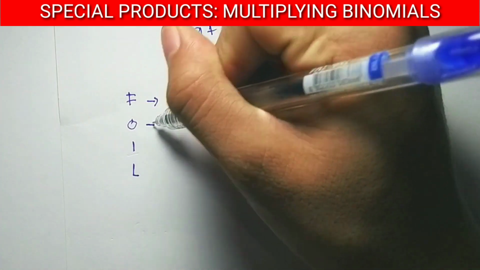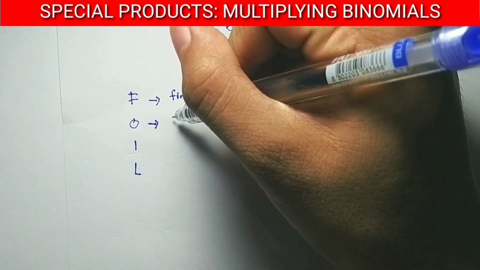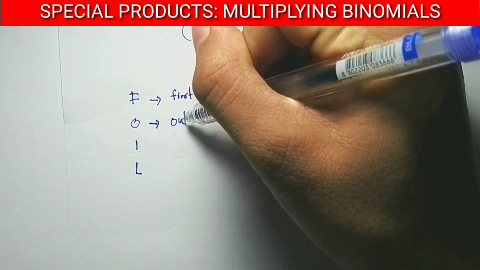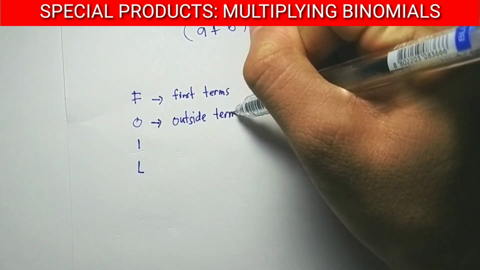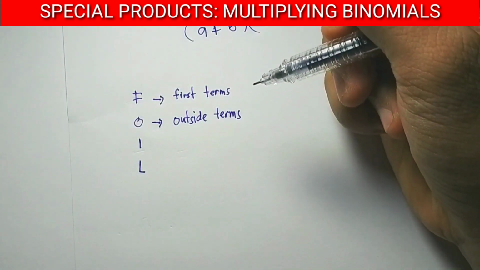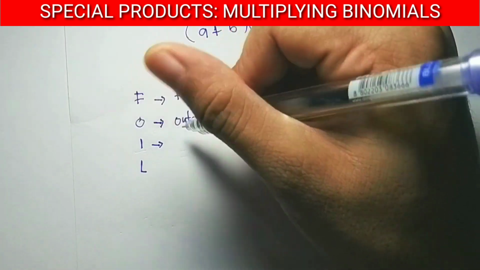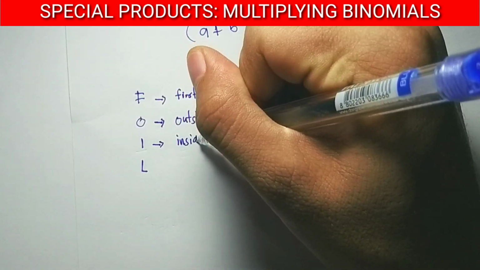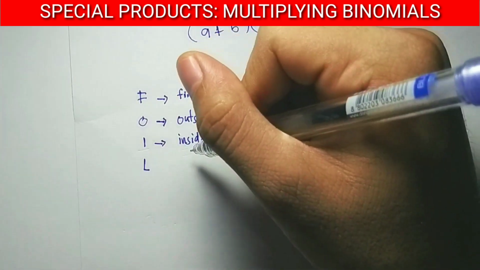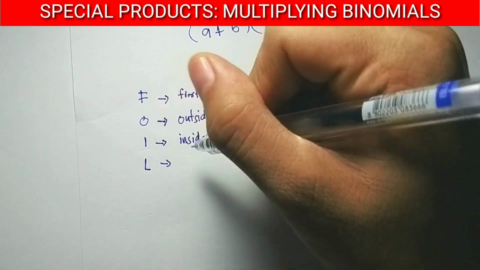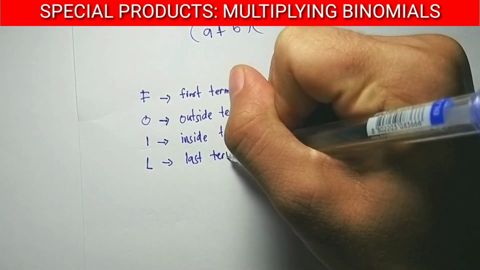Next is O. Kining O mao ni ang product sa outside terms. Unya kini si I mao ni ang product sa inside terms. Nya kini si L mao ni ang product sa last terms.